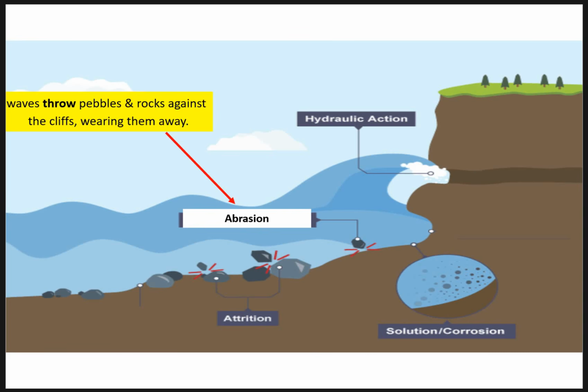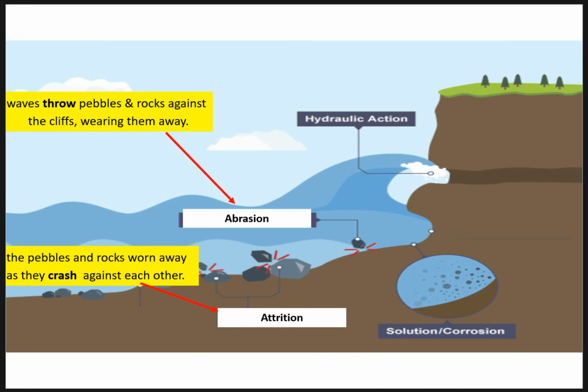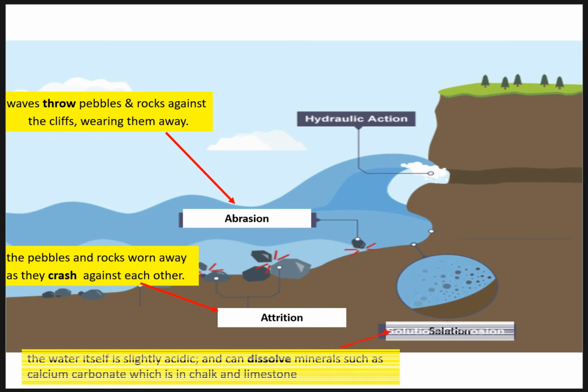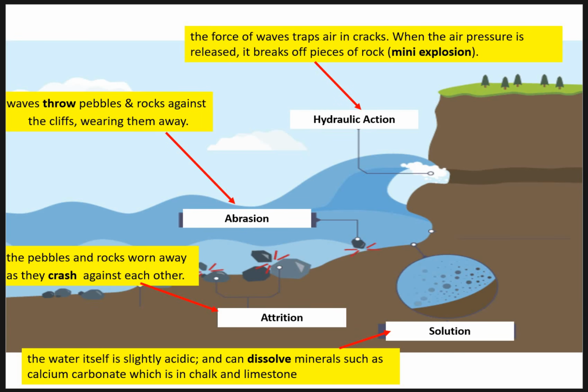So erosional processes include abrasion, so the waves throwing pebbles and rocks against the cliff, wearing them away. Attrition, so these are rocks crashing into each other. Solution and hydraulic action. And if you're thinking about how you're going to remember that, AASH, ash. That's a good way to remember that.